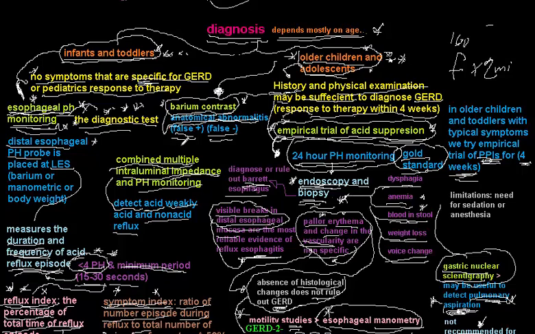But the bad news about the barium contrast is the presence of false positive and false negative values. What do you mean by false positive? Sometimes we have a reflux in barium contrast, but we have no disease, just physiological gastroesophageal reflux, and the barium study cannot distinguish between the physiological and the pathological gastroesophageal reflux.